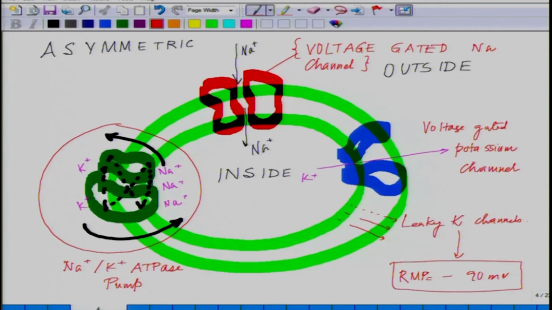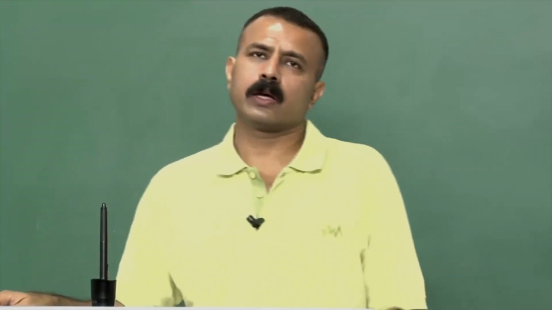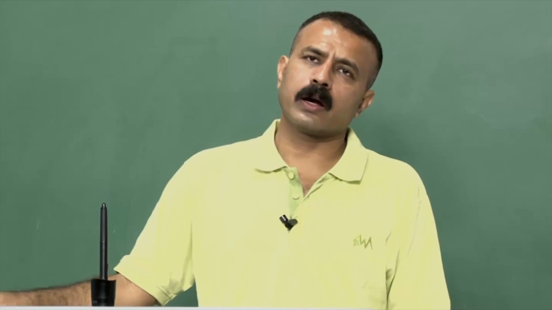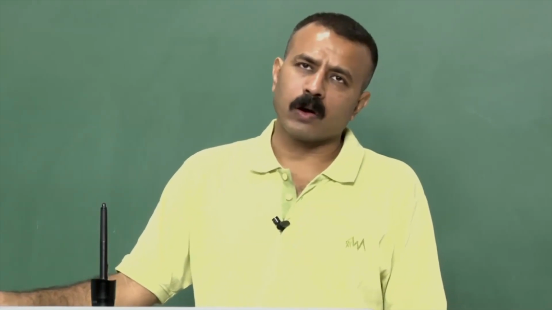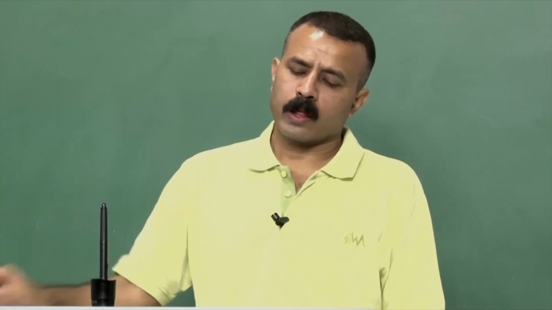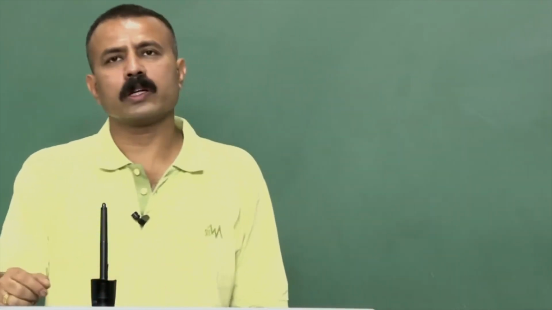So, these three are the major components which help us in our understanding of bioelectrical phenomena at the level of ion channels. So, if we talk about this voltage gated sodium channel, what we are talking about is this.